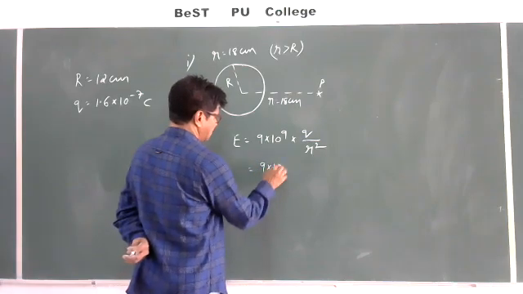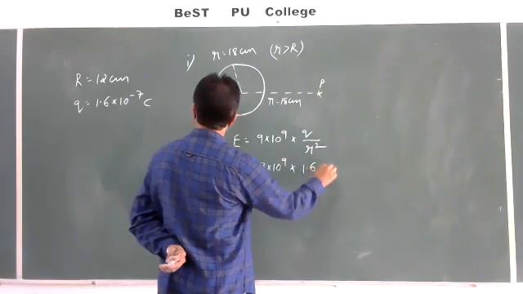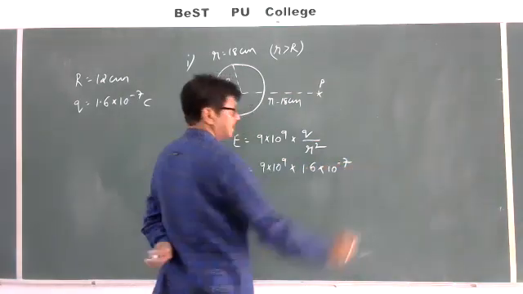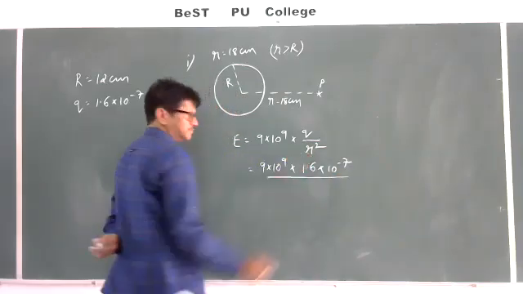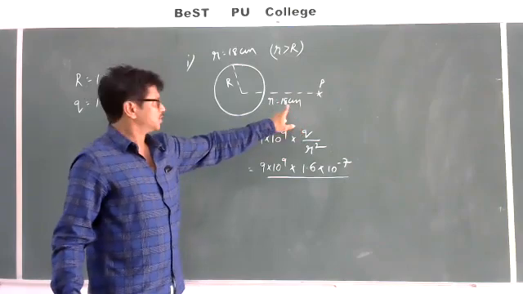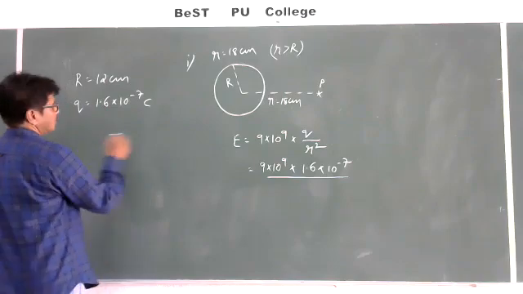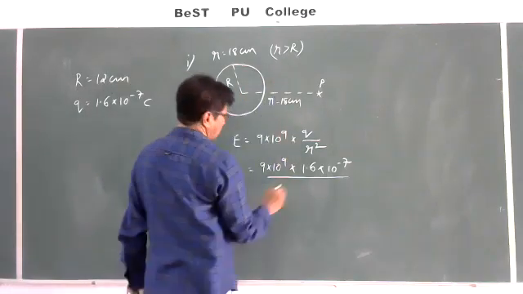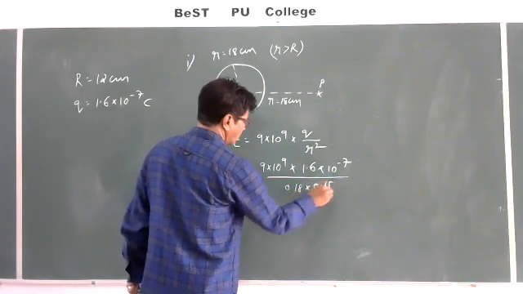So 9 into 10 to the power of 9. Q value is 1.6 into 10 to the power of minus 7, divided by r square. r is 18 centimeter, which is equal to 0.18 meter, so 0.18 into 0.18.